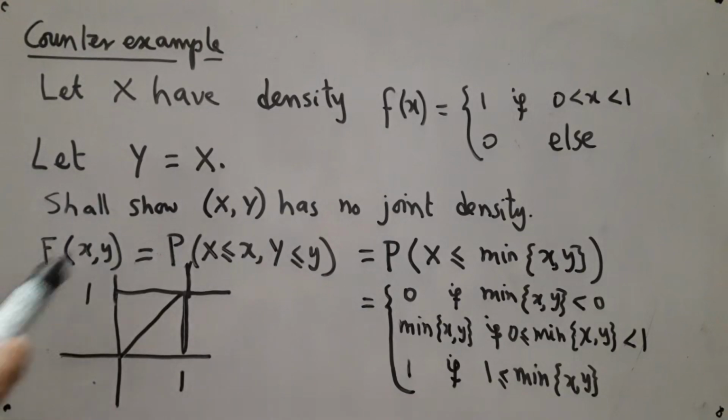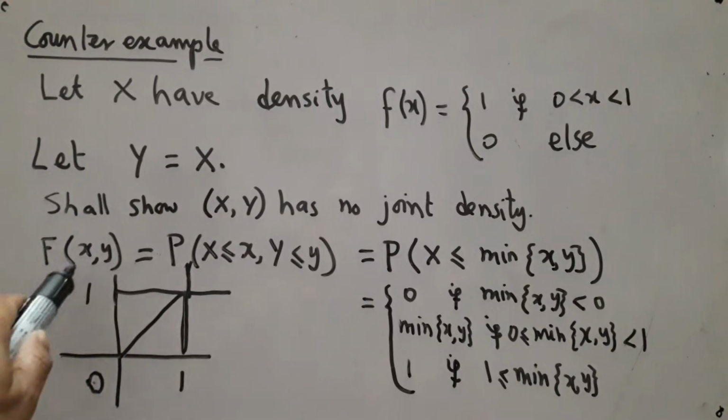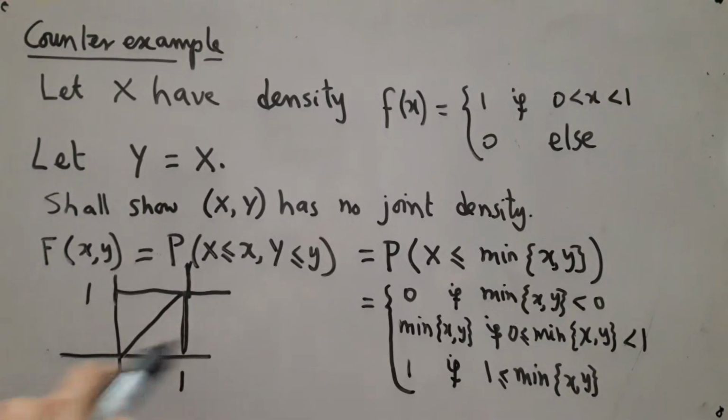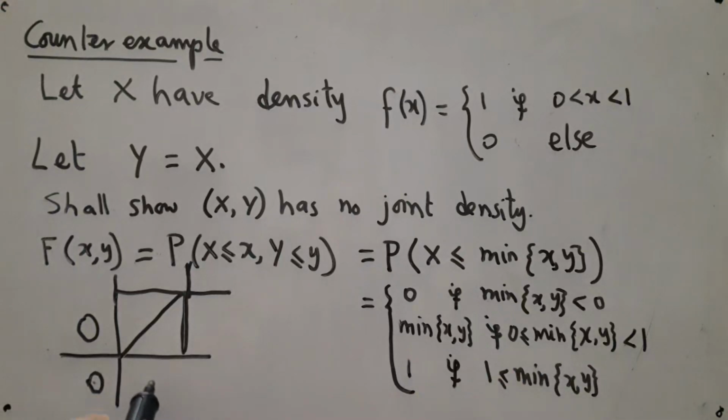This is our R2. I am going to show the value of fxy in each of these places. It should be quite easy to see. If my xy is here, then the value of fxy should be 0, because then both x and y are less than 0, so their minimum must also be less than 0. In fact, it will be 0 even here, because here x is less than 0, so the minimum is less than 0. Similarly, this will also be 0 here.